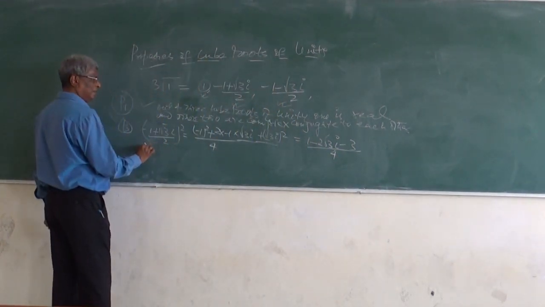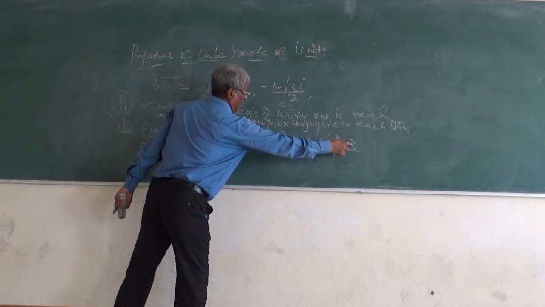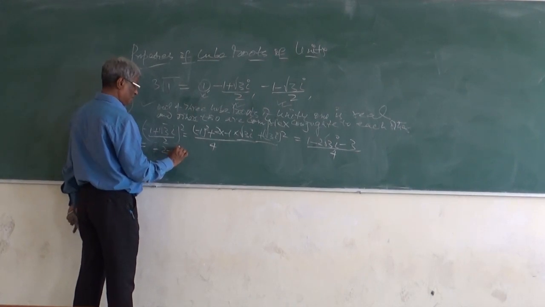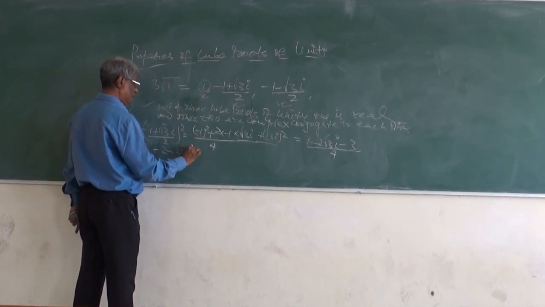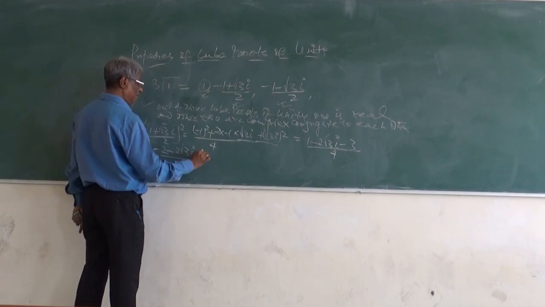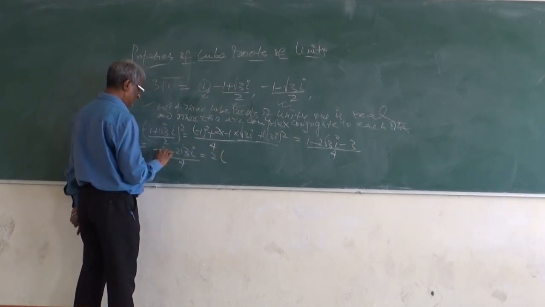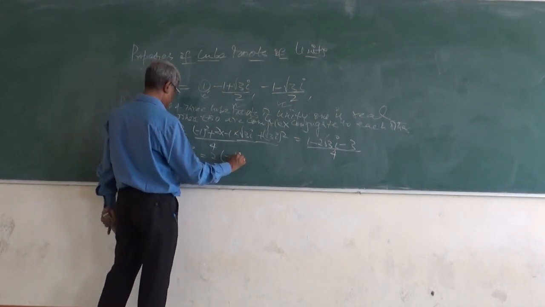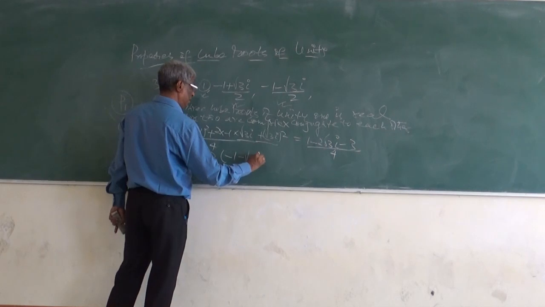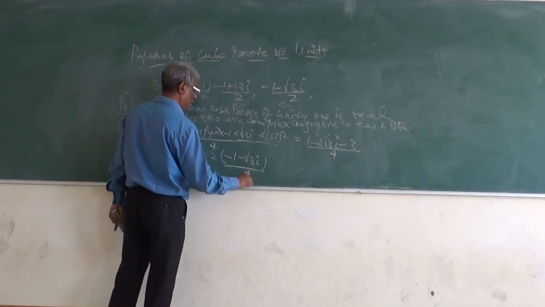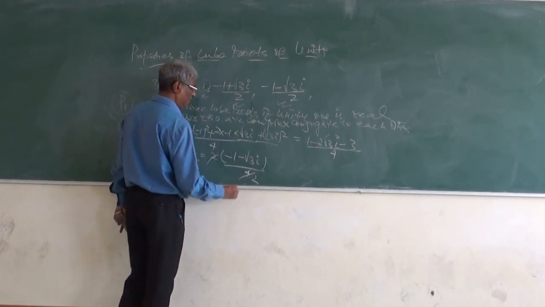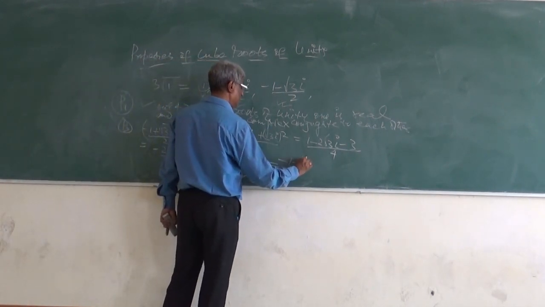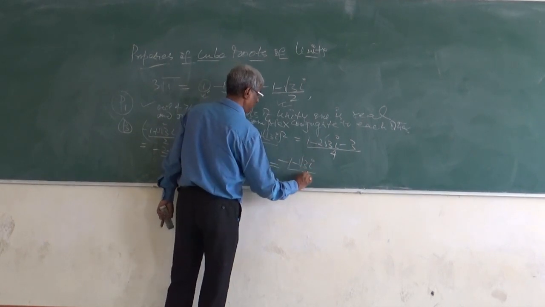This will give you minus 3 plus 1 equal to minus 2, minus 2 root 3 iota divided by 4. You can take 2 as common from these 2 portions, then this will be minus 1 minus root 3 iota divided by 4, then this 4 will be cancelled by 2, and this will be minus 1 minus root 3 iota divided by 2.